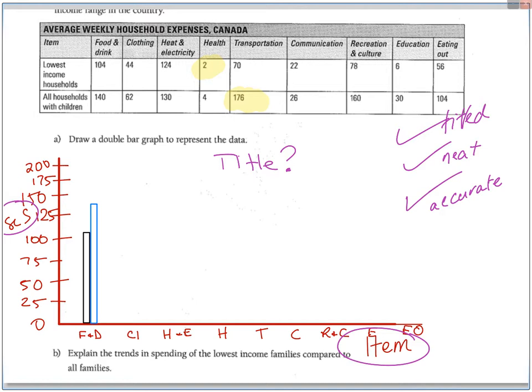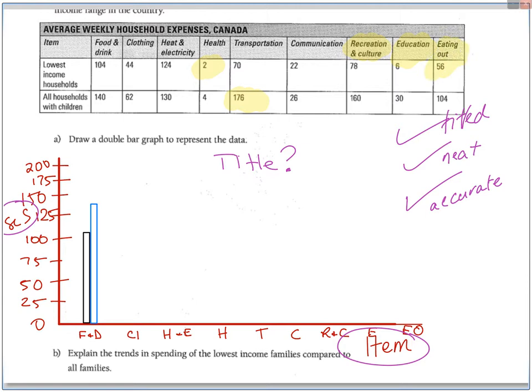Okay, so finish off this double bar graph on your own. And then you can answer the question: explain the trends in spending of the lowest income families compared to all families. I don't think it's going to be that difficult or surprising to think that the lower income households would probably spend less money on things like recreation, education, eating out at restaurants.